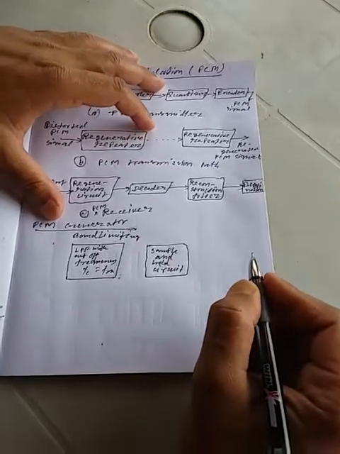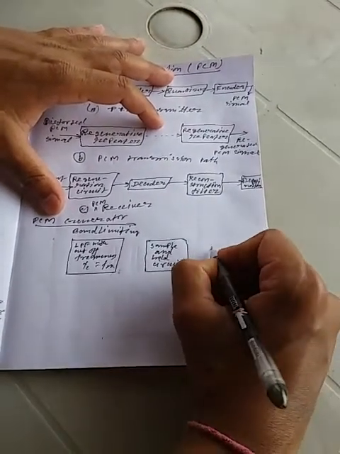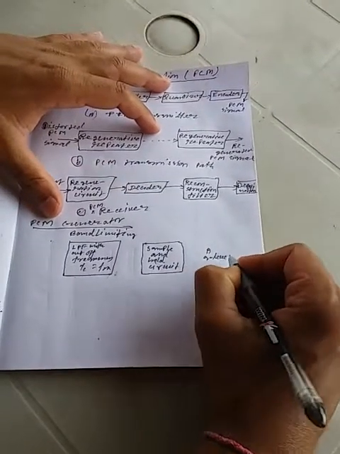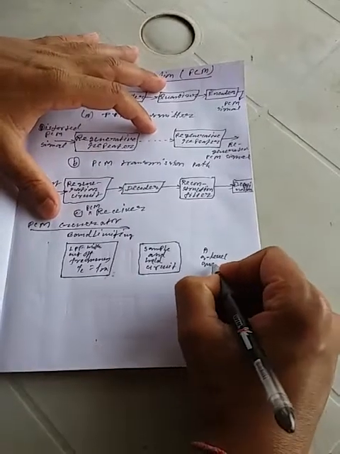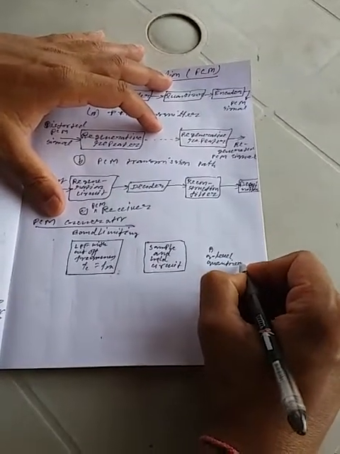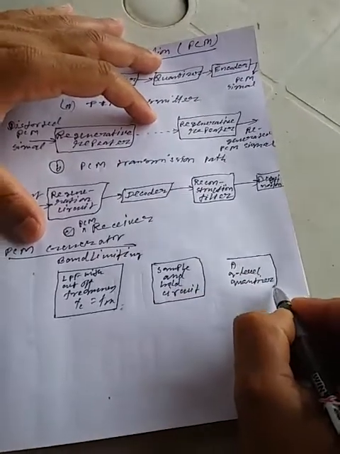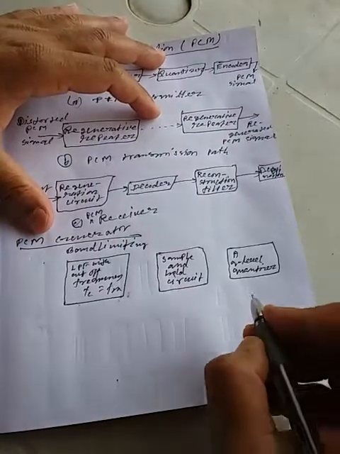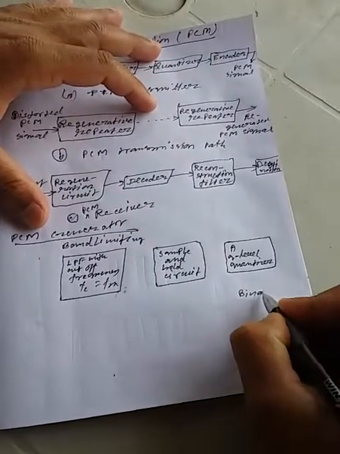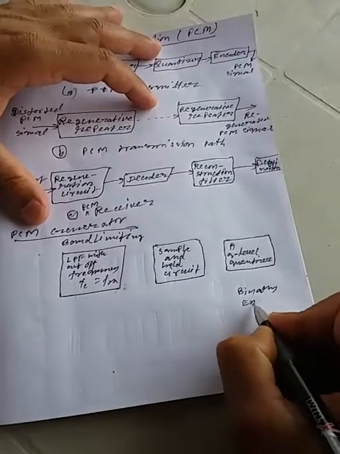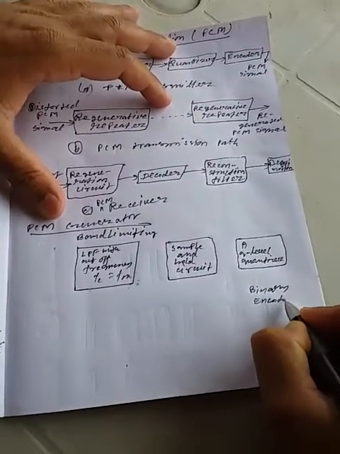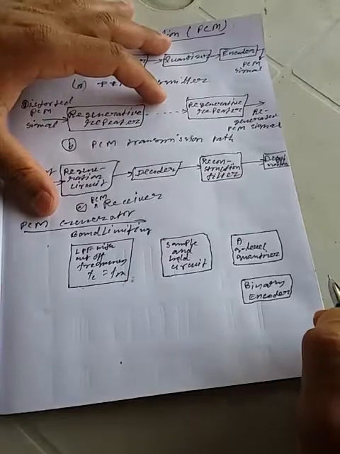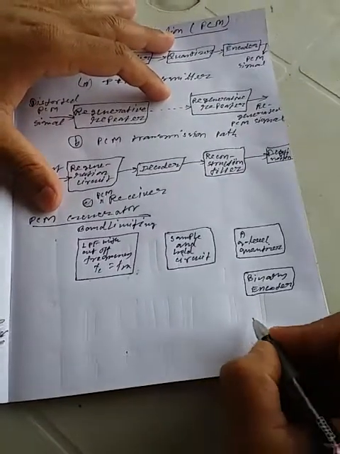Sample and hold circuit. Now a quantizer, a Q level quantizer. Okay, after that, binary encoder. Then parallel to serial converter.